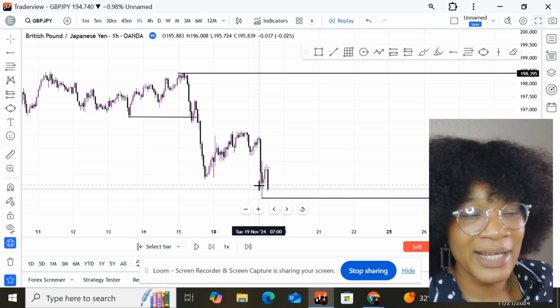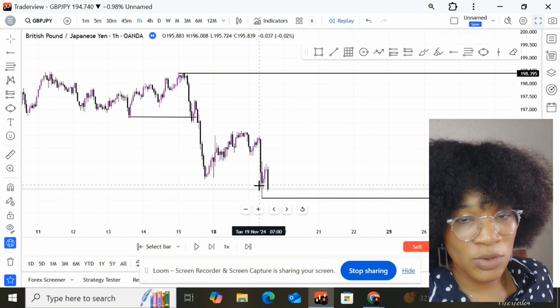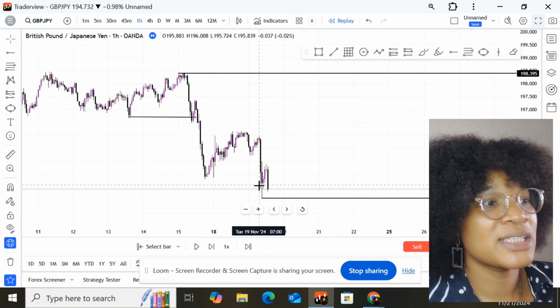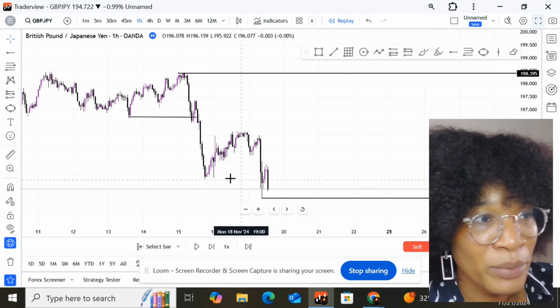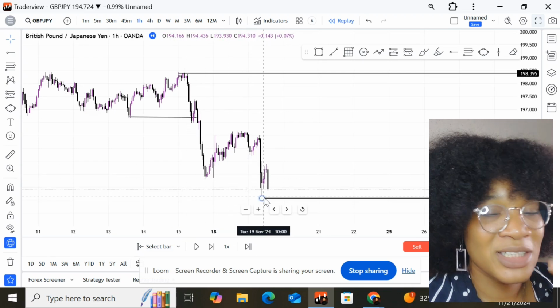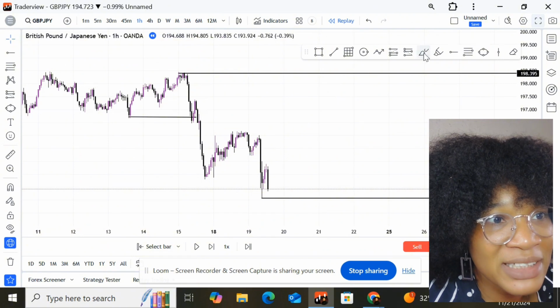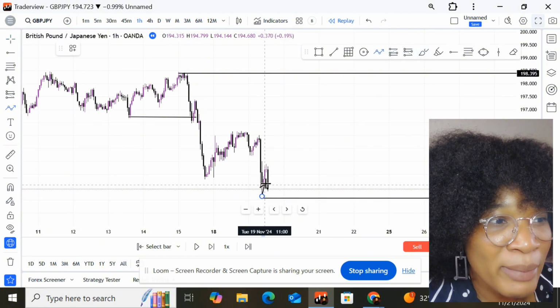If price is in a buy, it needs a temporary healthy sell, and then it's going to continue buying. So in this case, price is selling. I hope I did not mix that up, but I hope you get the point. Price is selling, it's sold up to this point, and it is trying to retrace. So I am definitely going to be seeing a little buy movement here.